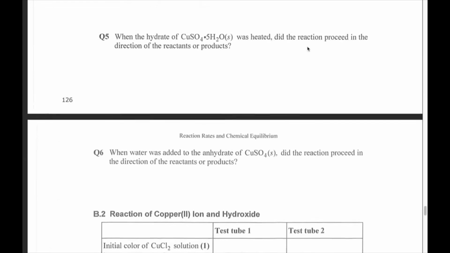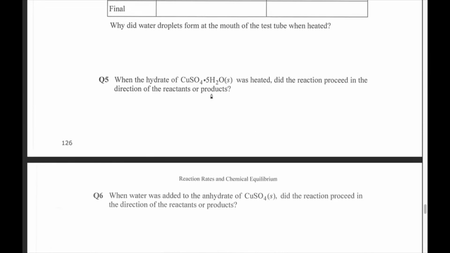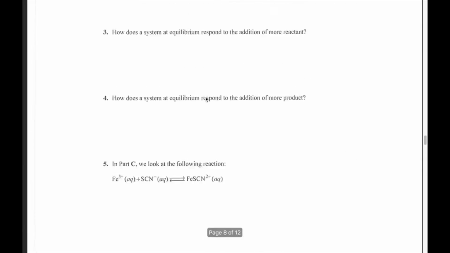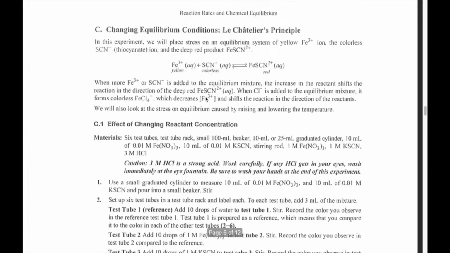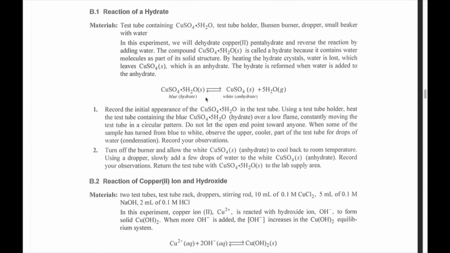Yeah, and I think for both B1 and B2, please note that when they talk about reactants and products, and really this applies to part C as well, wherever we mentioned reactants and products, that's the way it's defined in the pre-lab or in the directions. So if you go back to the directions, okay, you can see that they give us the equation of what's going on. All right, so here in B1, here's our copper 2 sulfate pentahydrate. That's defined as our reactant over here.